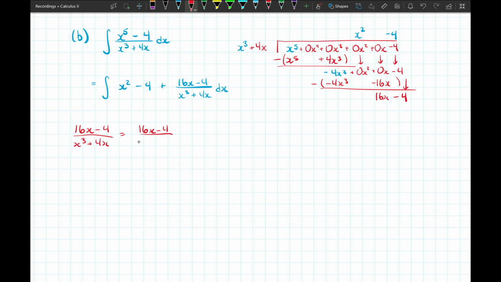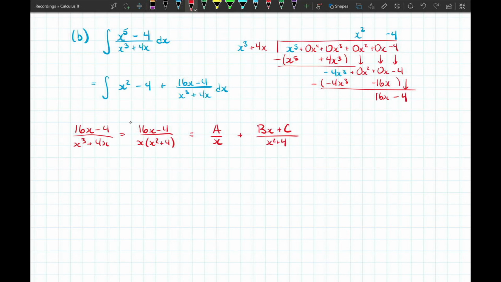And then factor an x out of the denominator, and we end up with an irreducible quadratic, x squared plus 4. Okay, that means that for our partial fraction forms, our linear factor x will have a partial fraction form of A over x, and our irreducible quadratic has a partial fraction form of a constant times x plus a constant. Since I've already used A, I'll use B and C.